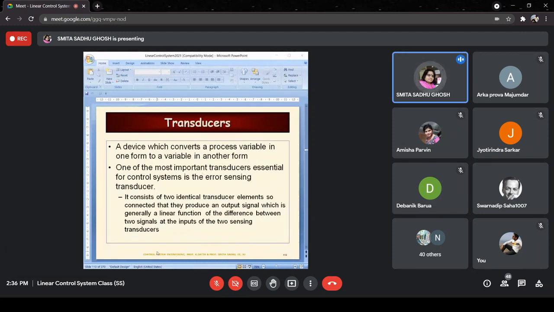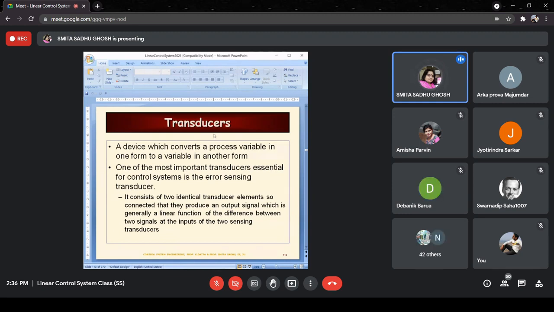There's a more generalized definition: not only from a non-electrical to an electrical quantity, but from one form of a signal to another form is what we call a transducer. It may be that we are converting from an electrical quantity to a mechanical quantity, namely position, or vice versa, maybe an angular velocity being converted to an equivalent signal.